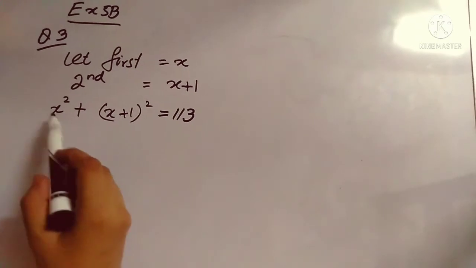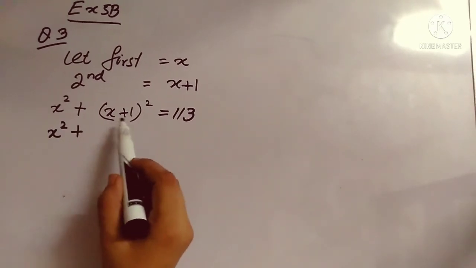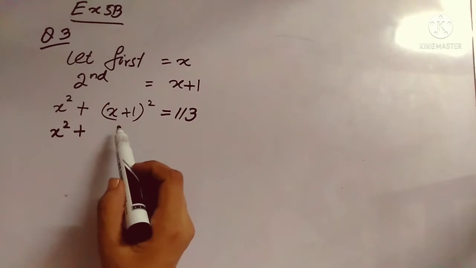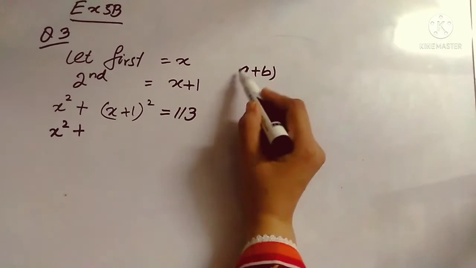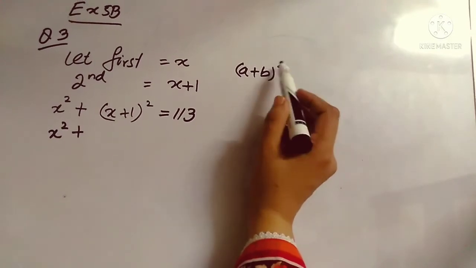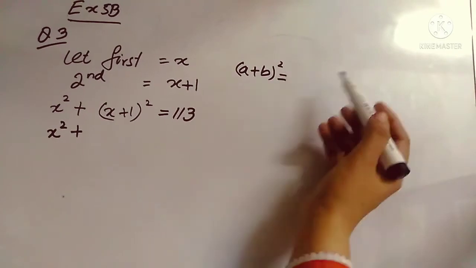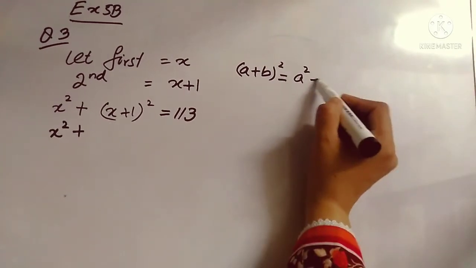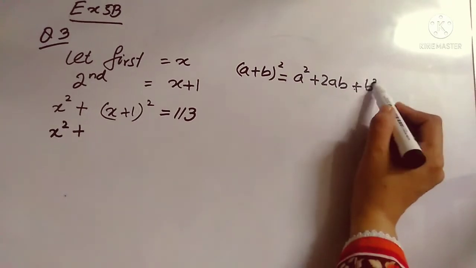Students, as you can see, this is a simple square, but here we can use the identity for a plus b whole square. When there are two numbers in between with a plus or minus, and it's a whole square, you have to use the identity. So a plus b whole square is equal to a square plus 2ab plus b square.